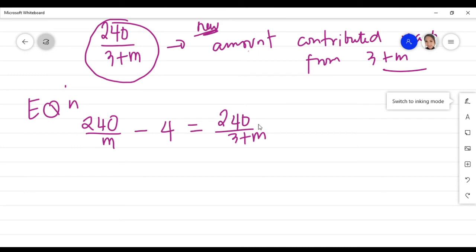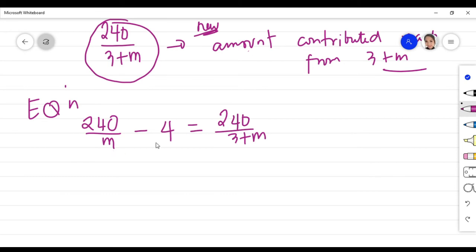So this equation is in rational form. We have to reduce it into a quadratic equation. We have here the denominators m and 3 plus m. These denominators are expressions which are different from each other. They have no common factor, meaning the LCD will be the product of our denominators, m times 3 plus m.